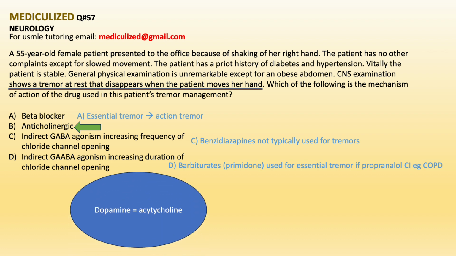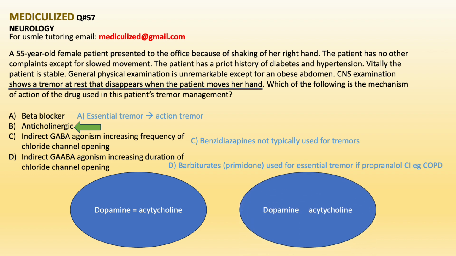Now, a little bit of the pathophysiology. Let's say this blue area here represents the basal ganglia. Normally, you have dopamine equal to acetylcholine. They are in balance, so this is a normal basal ganglia. Now, let's discuss the basal ganglia of a patient who has Parkinson's disease, just like this patient.